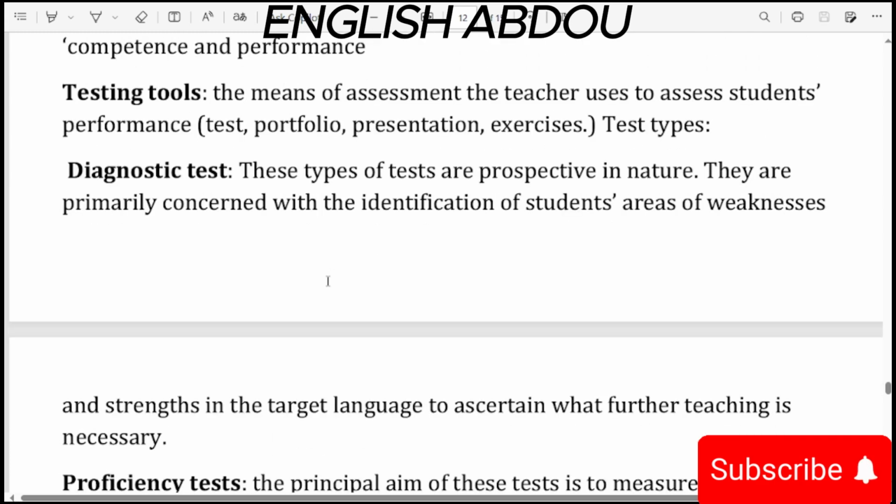Diagnostic tests, these are types of tests. A diagnostic test is a test that the teacher gives at the beginning of the session or the year in order to see how much the students bring with them from the last year.